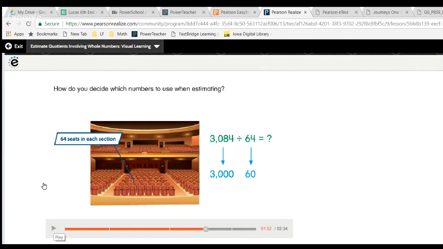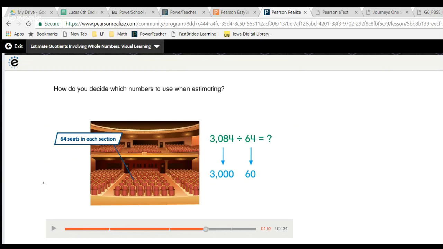In this case, I would start with the 64, and I would round it up or down to the nearest 10. So we're going to go to 60. Then I would think, looking at my 6, what is a multiple of 6 that would get me close to 30?